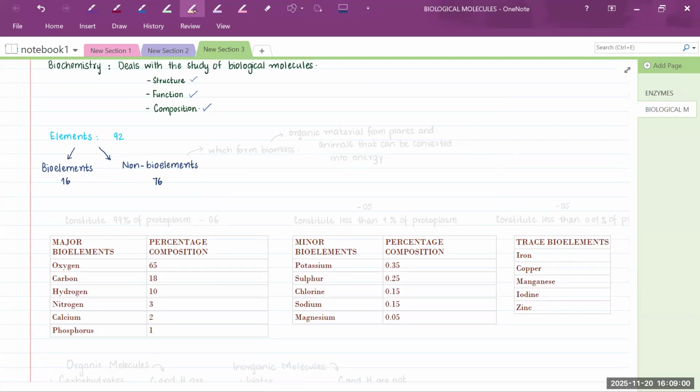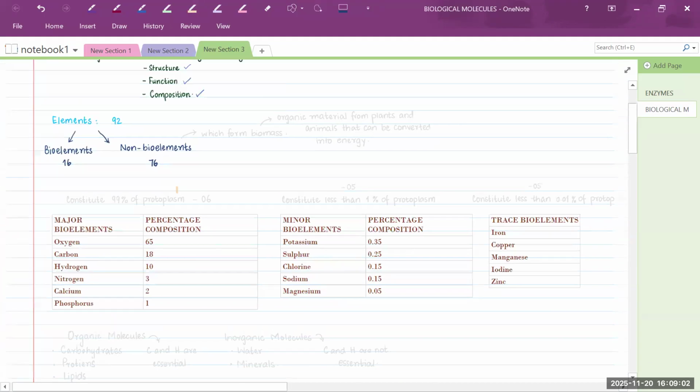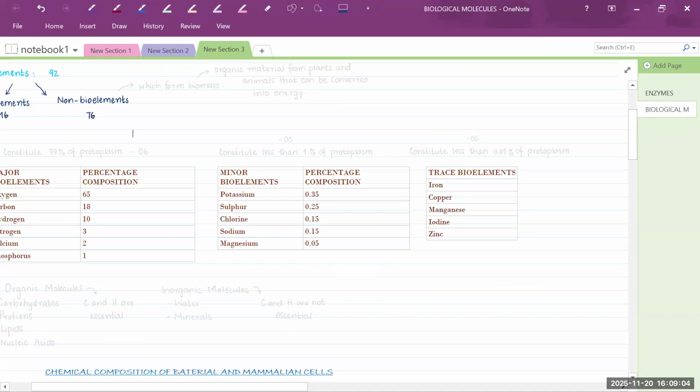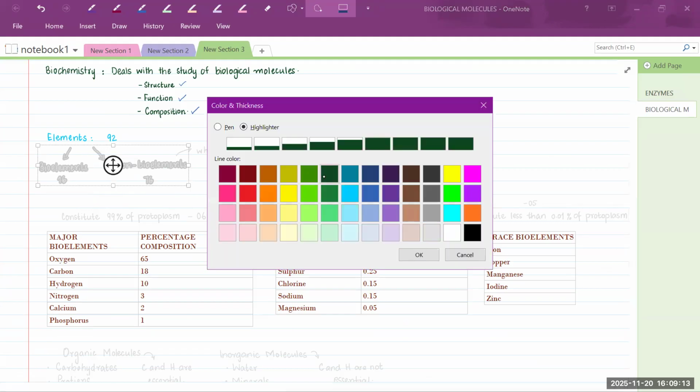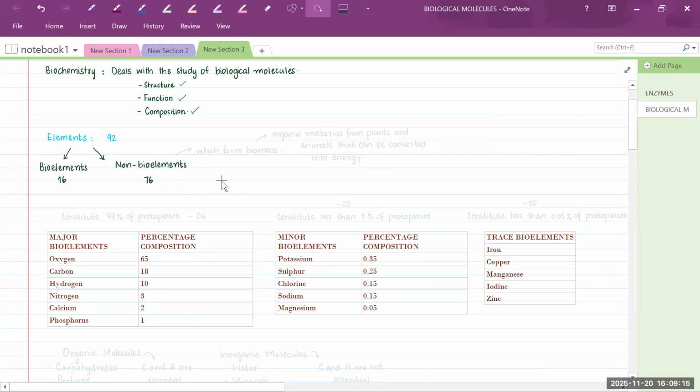But what does it even mean by bioelements? Bioelements means those elements which form biomass.